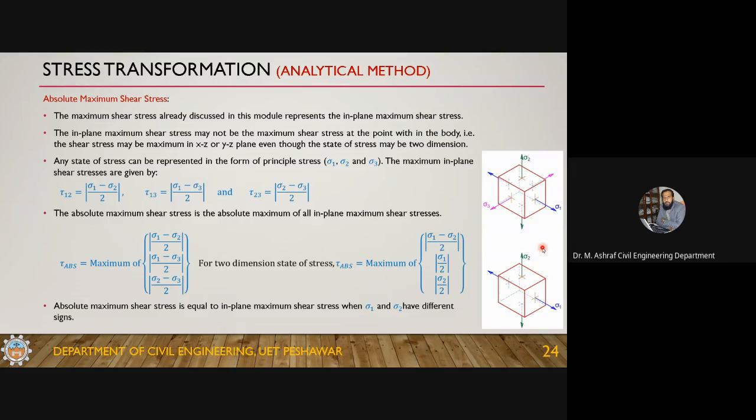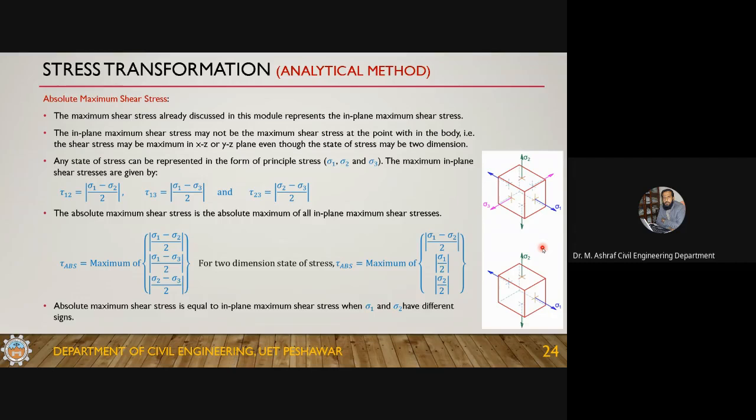Since we are discussing the XY plane, the other planes, which are out of plane, could be the XZ and YZ planes, where the shear may be maximum. The state of stress may be two-dimensional, but the shear stress may be maximum in the out-of-plane direction, maybe in the XZ and YZ directions.